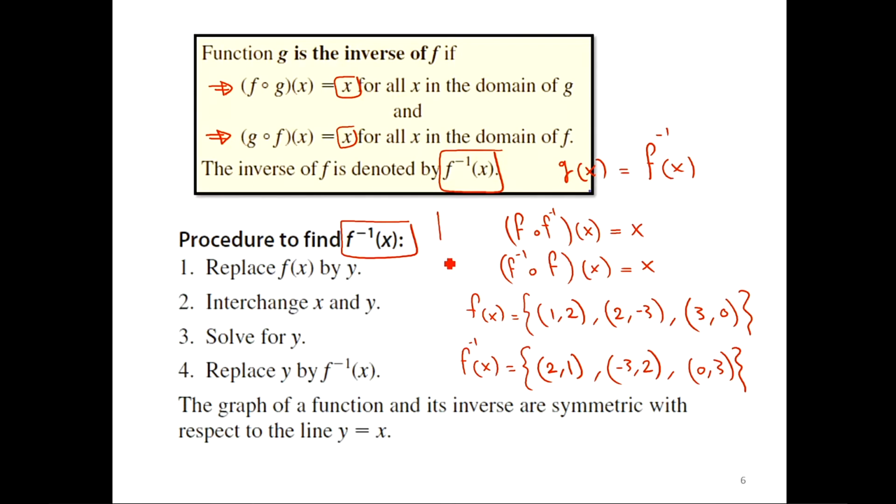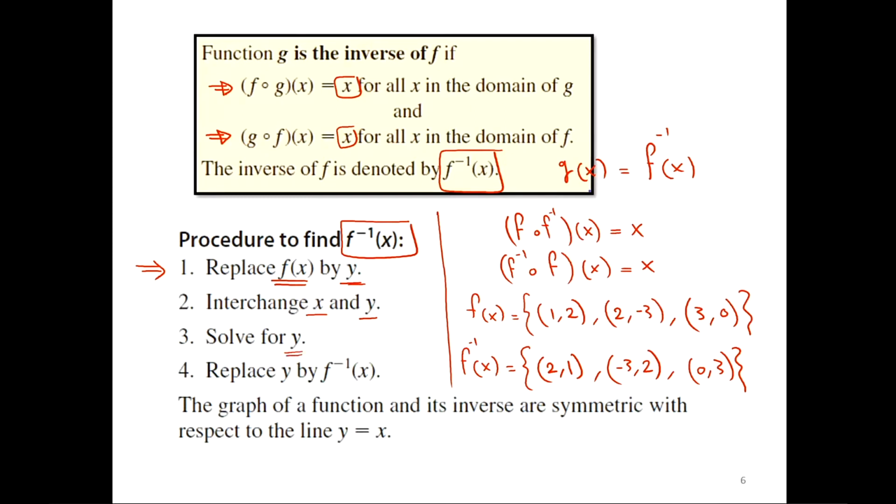Okay, in general, how can we find the inverse? Firstly, we must replace f of x with y. So remove f of x, put y. So the equation is y equal, for example, 2x minus 3, like this. Interchange between x and y. If we have x, replace it with y. If we have y, replace it with x.